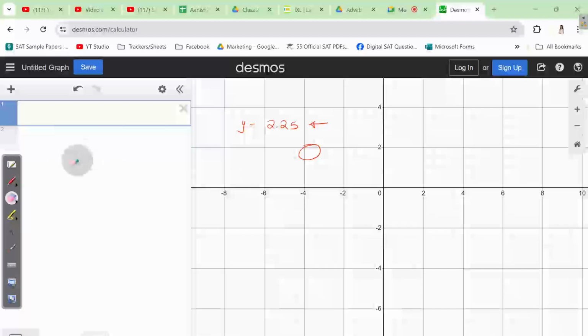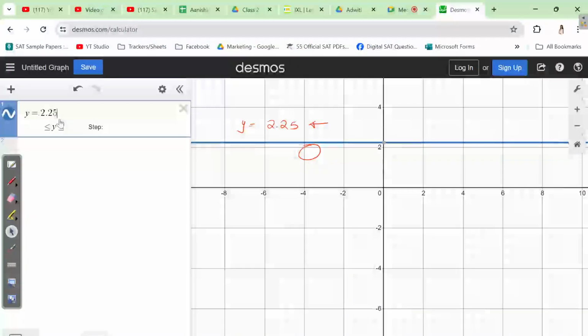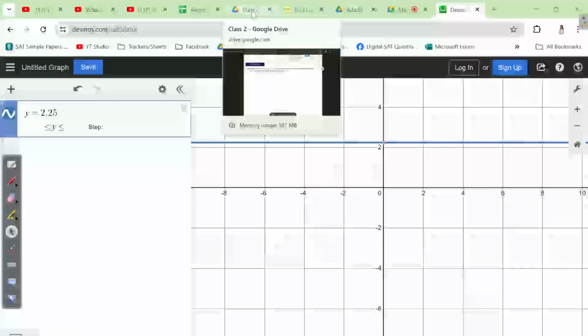Wait, so if we plot both of them, y is equal to 2.25. That's the equation. And the other one is, you got b. What did you get for b? 0.75.